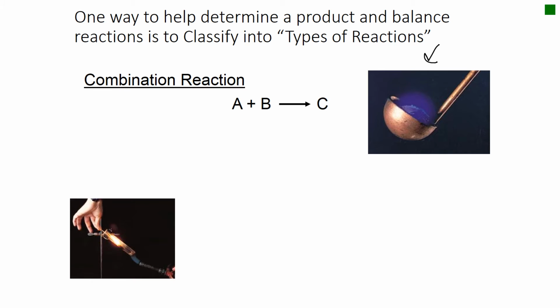And I combine the sulfur plus the oxygen, and I produce SO2 gas, which goes on to react with the water in the air to produce sulfurous acid. Acid rain, yeah. So an example would be A plus B goes to C, a combination reaction. Those are kind of easy, and they're fairly easy to balance.